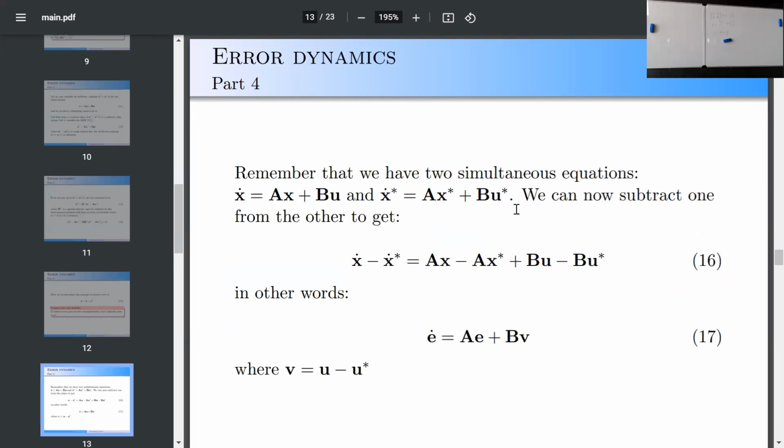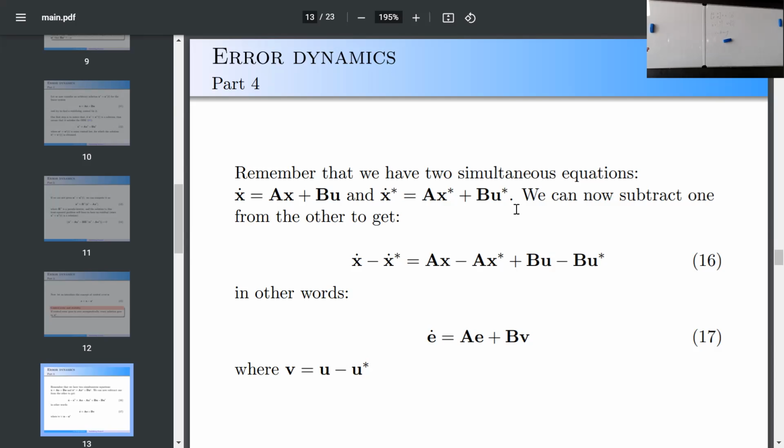Okay, and now what we do is we just subtract the solution equations that we use to compute u star from our equation. And we get, as you see, x dot minus x dot star equal to ax minus ax star plus bu minus bu star.